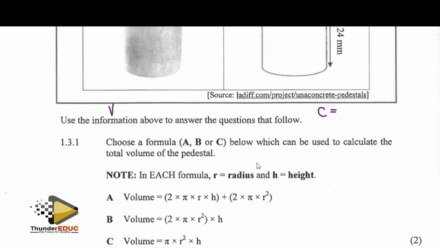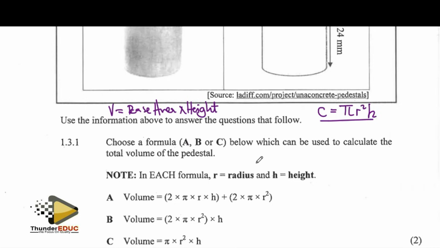Volume equals base area times given height. This is the general formula for volume. So the base area of this cylinder is a circle, so you need to look for pi r squared h.